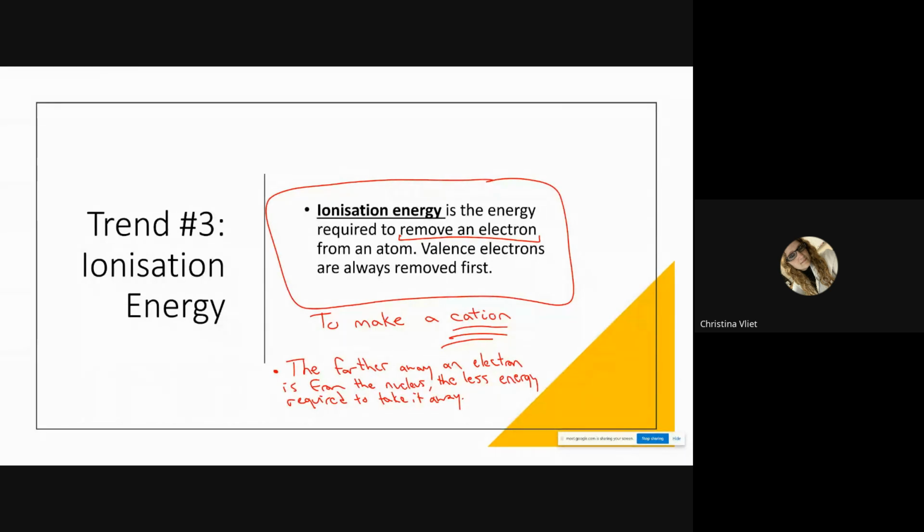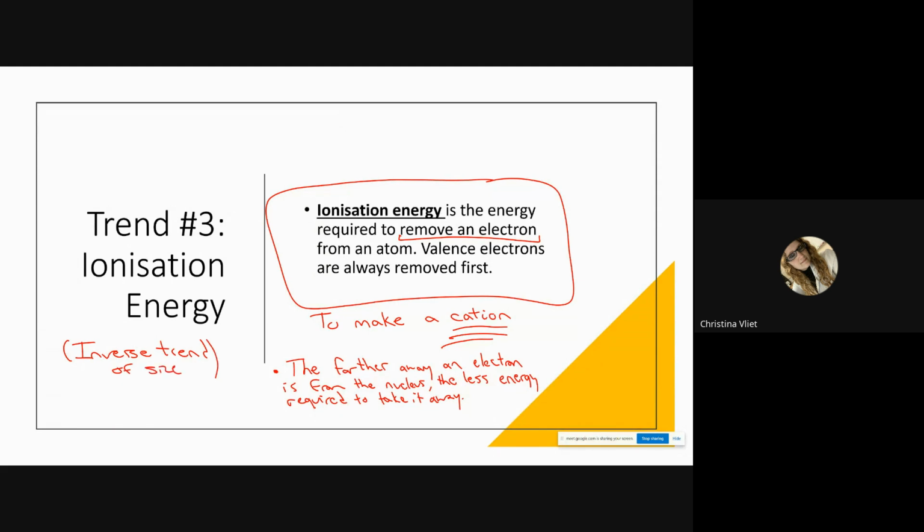Wait, does that mean that this trend is related to another trend that we already learned? The larger the atom, the smaller the ionization energy. And so this actually means it's the inverse trend of size.